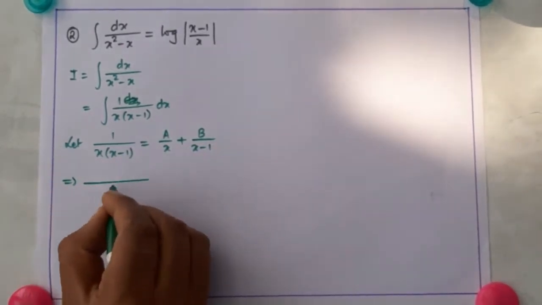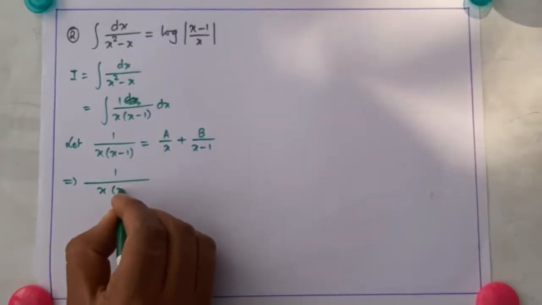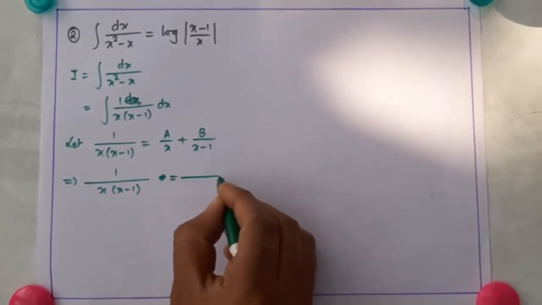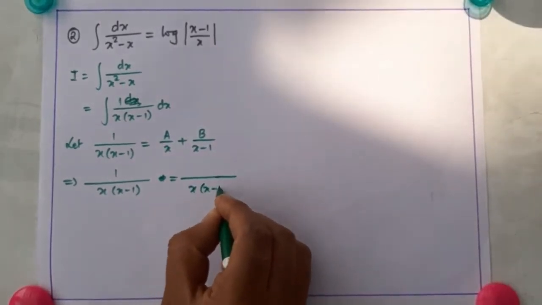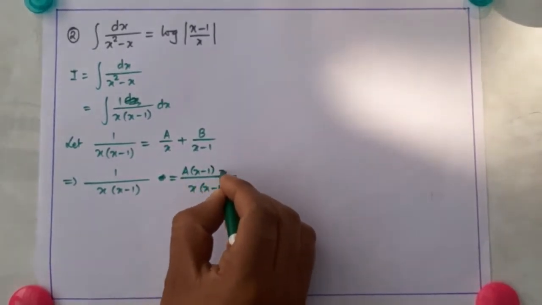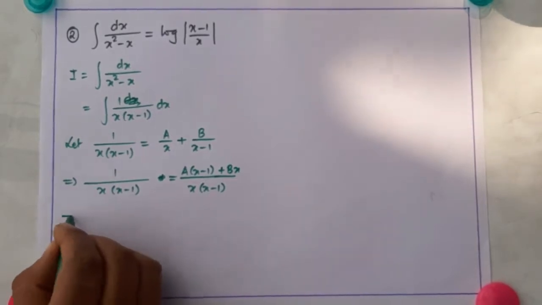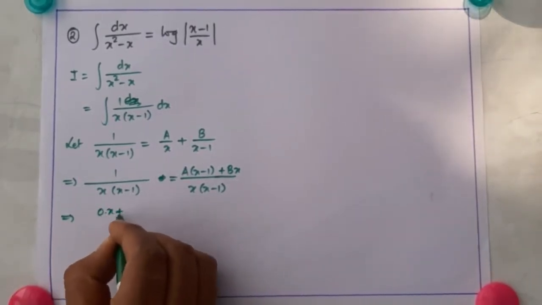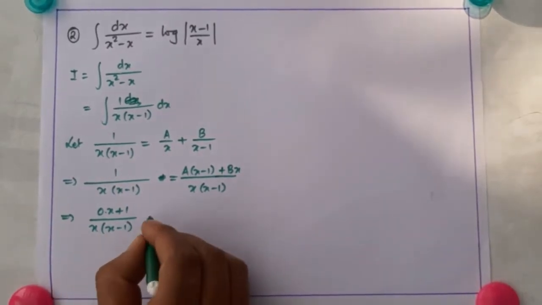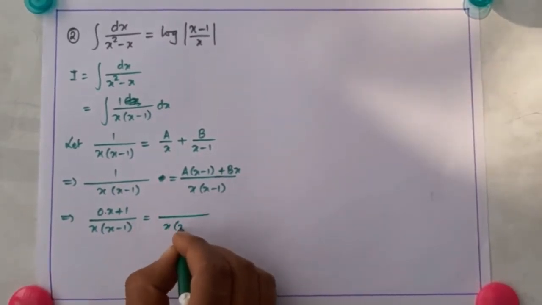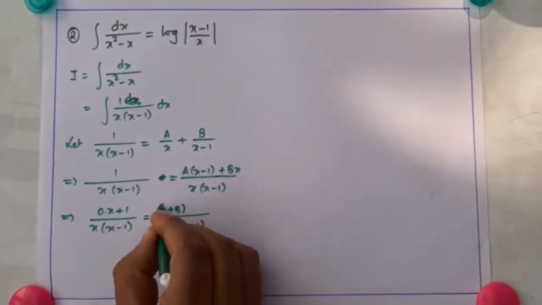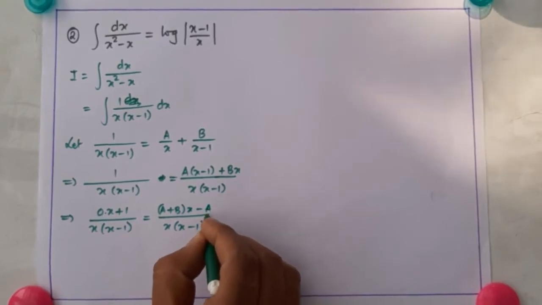As usual we will solve it. x into x minus 1 is the LCM, so you will get a into x minus 1 plus bx, that is again 0x plus 1, divided by x into x minus 1. Here it becomes a plus b x minus a, isn't it?